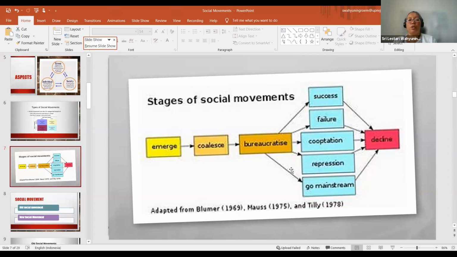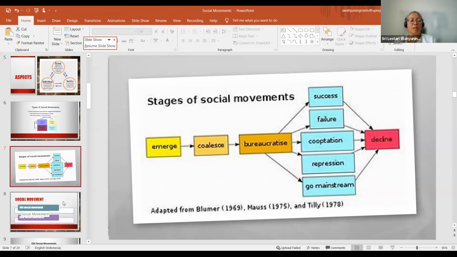So usually there is a time when the social movement is declining. And then at one stage, not in all cases, the social movement stops somewhere. Of course, we can discuss this later.